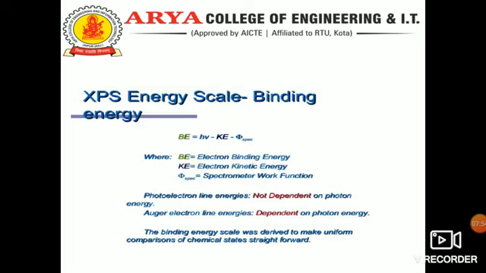And second one is binding energy, which is equal to h nu minus KE minus phi, where BE equal to electron binding energy, KE equal to electron kinetic energy, and phi equal to spectrometer work function.